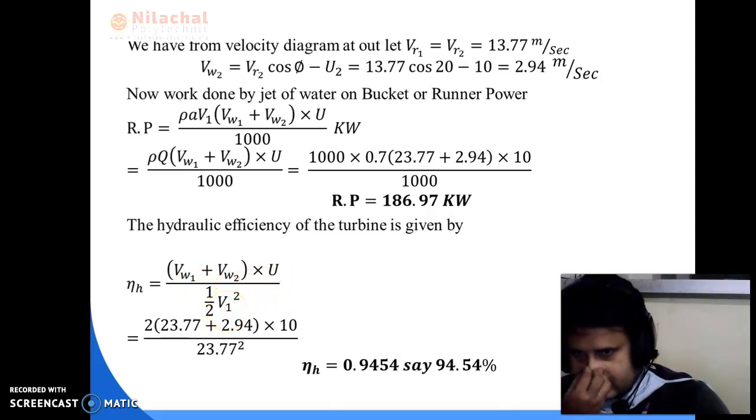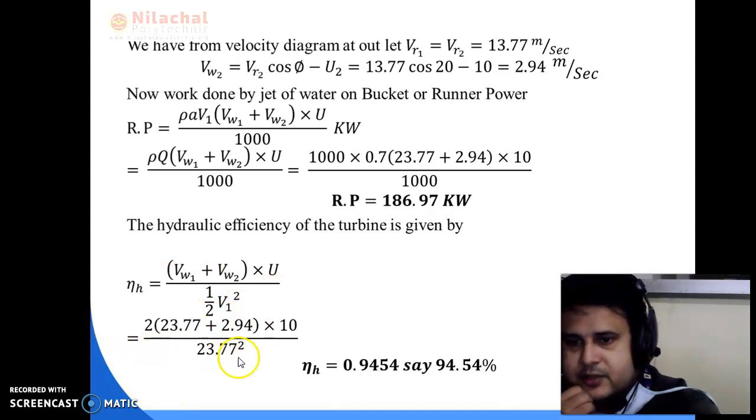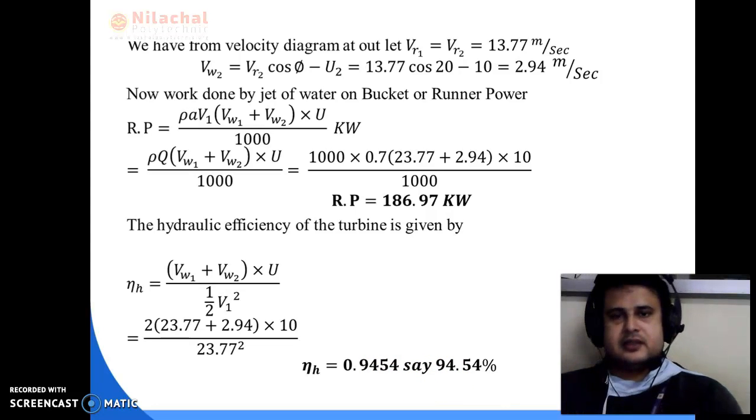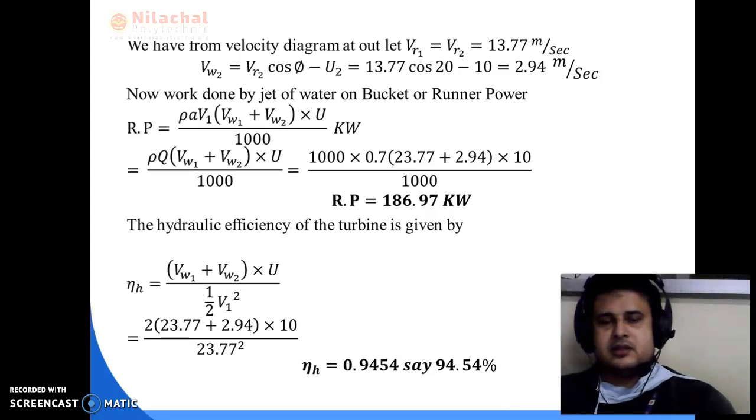Now we have found Vw1 as 23.77 and Vw2 as 2.94, and we get eta H as 0.9454, that is 94.54%.